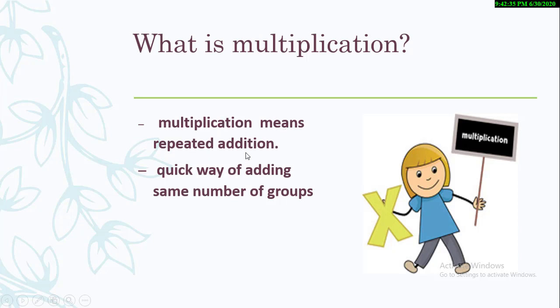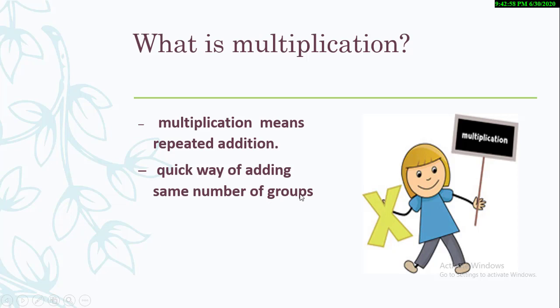When we add the same numbers again and again, we don't need to add 7 plus 7 plus 7 plus 7. Not 4 times adding 7, we will quickly multiply 4 sevens, and then we will quickly get our answer.